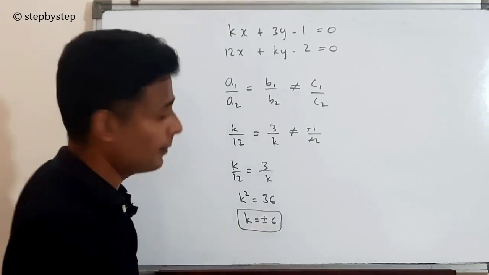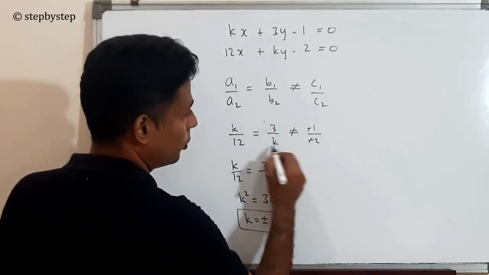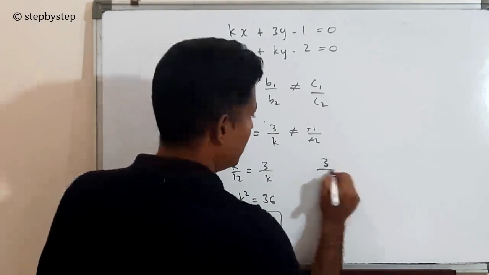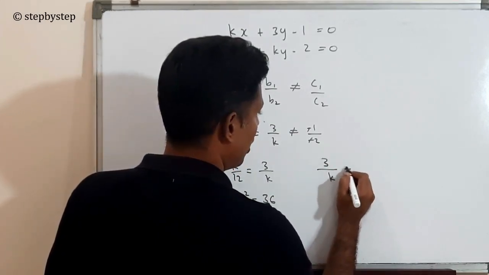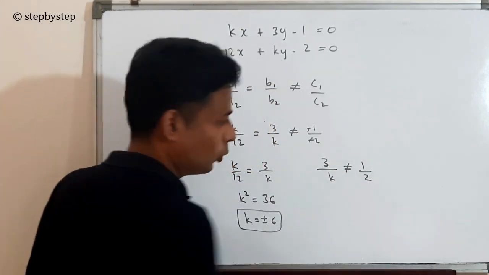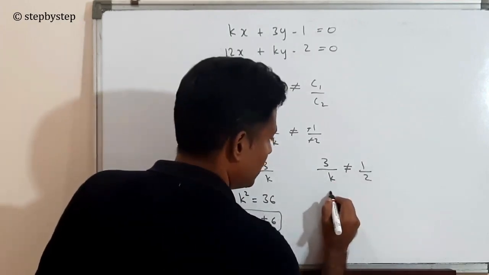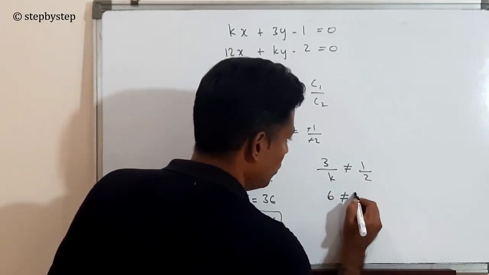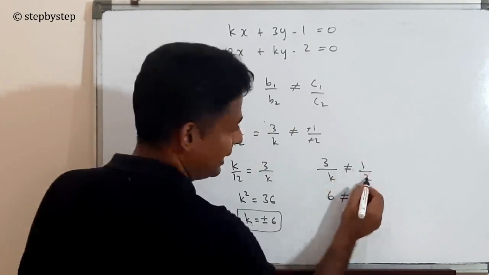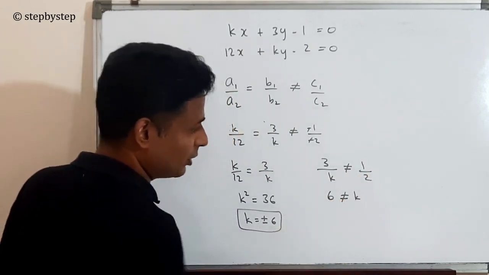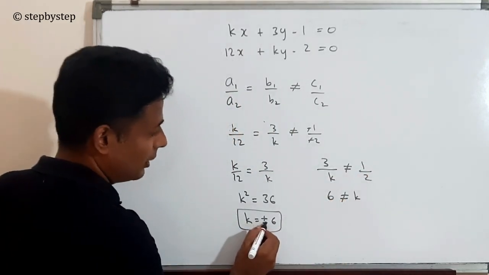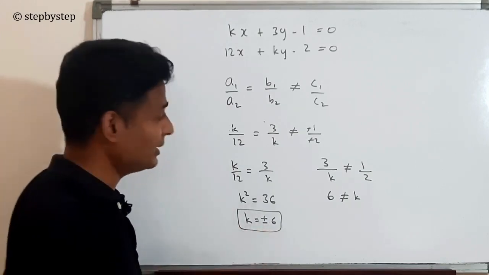So we got this. Now we'll take these two conditions. What do we get? 3 by K not equal to 1 by 2. I'll transpose. So I get 6 not equal to K, K into 1 is K, 2 into 3 is 6. Which means 6 is not equal to K. Which means K has to be minus 6.